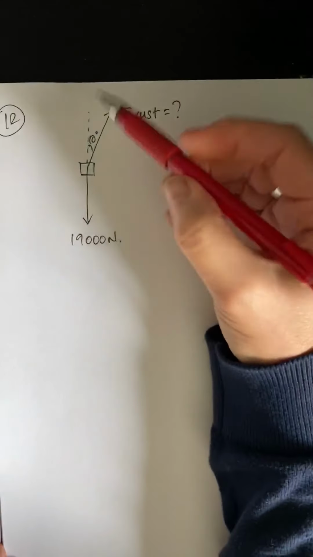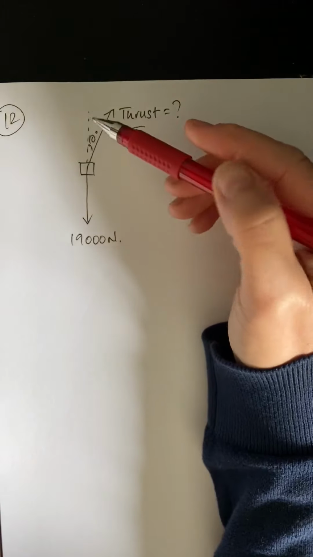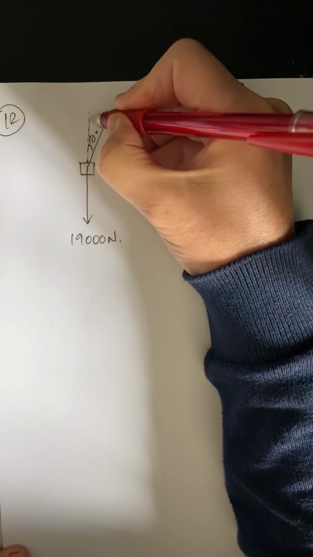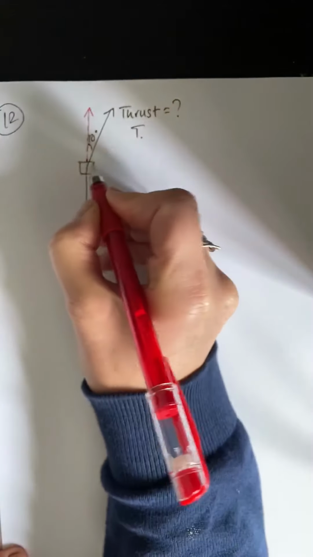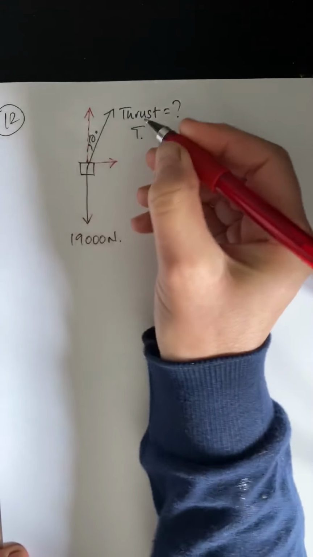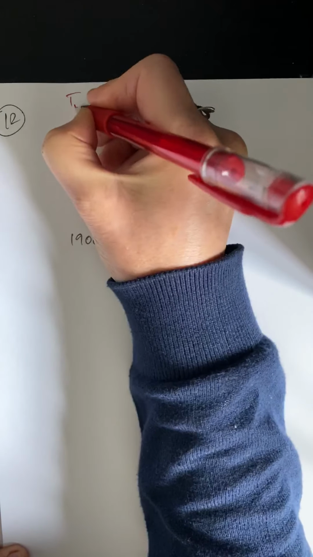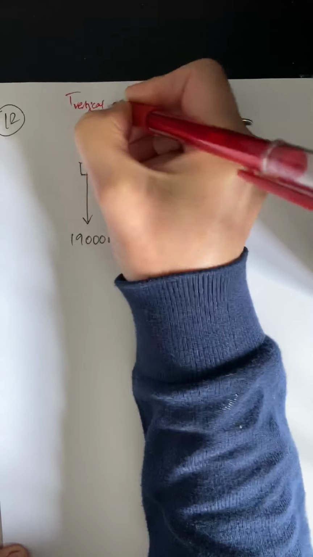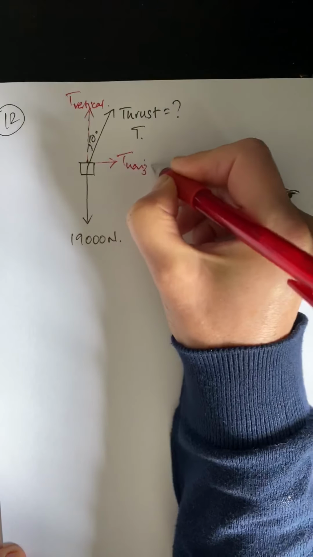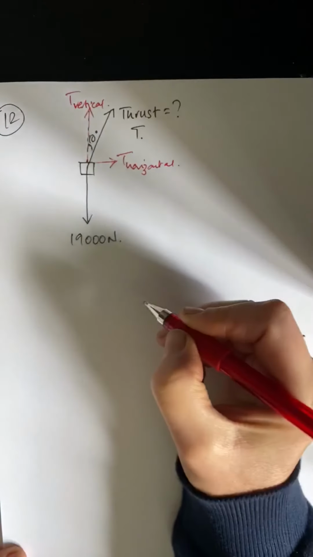I'll probably just call it T from now on. Now the way to do this, the question's already suggesting components, is to resolve the thrust into two perpendicular components. That is the vertical component, T vertical, and this is the horizontal component.